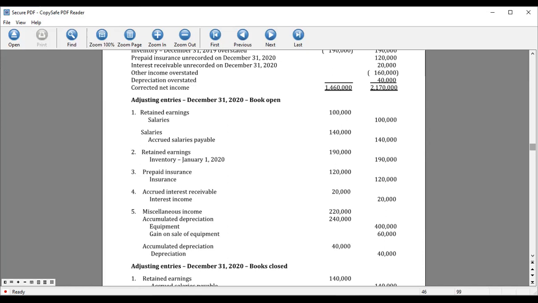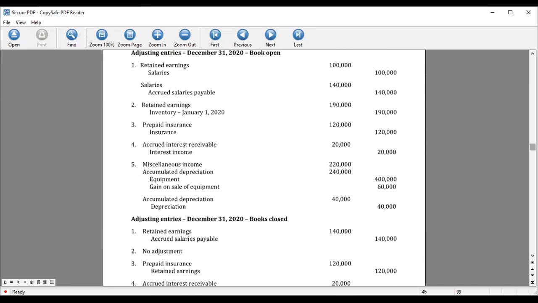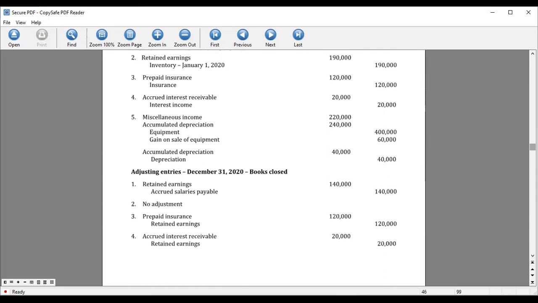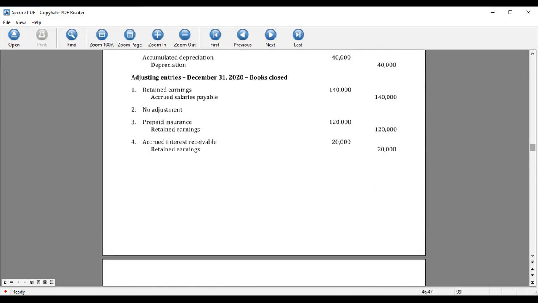So in your adjusting entry, you reverse the entry. That's why you debit accumulated depreciation and credit depreciation. Now, in the second assumption, the books are already closed, meaning the nominal accounts are already closed. So with this, we debit retained earnings.